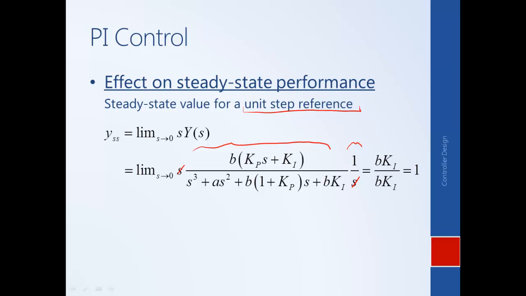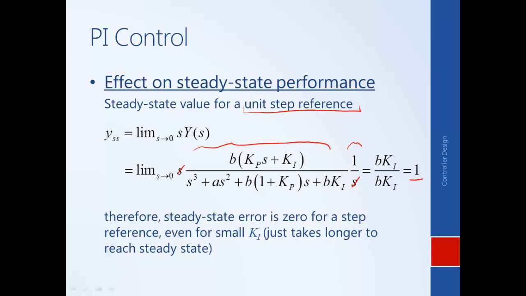And so what that means is, for a unit step reference, for a command of 1, the steady state value of our closed loop system will always approach 1. That means the steady state error is 0 for a step reference, which is a very useful thing. This tends to be the biggest benefit of using integral control, as it helps the steady state error.